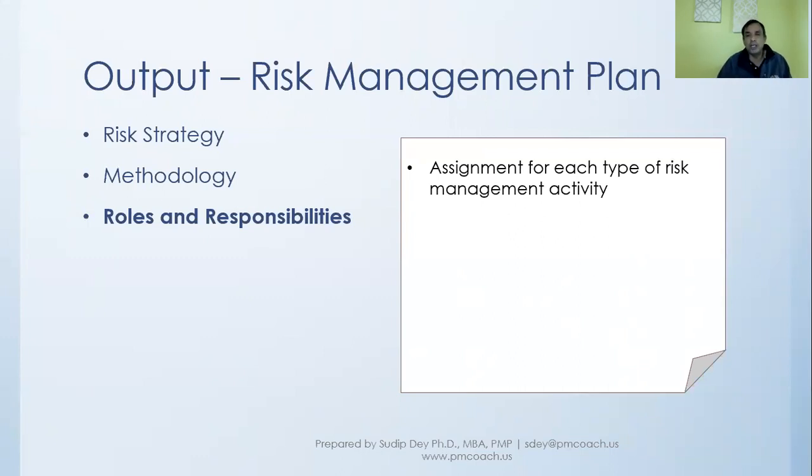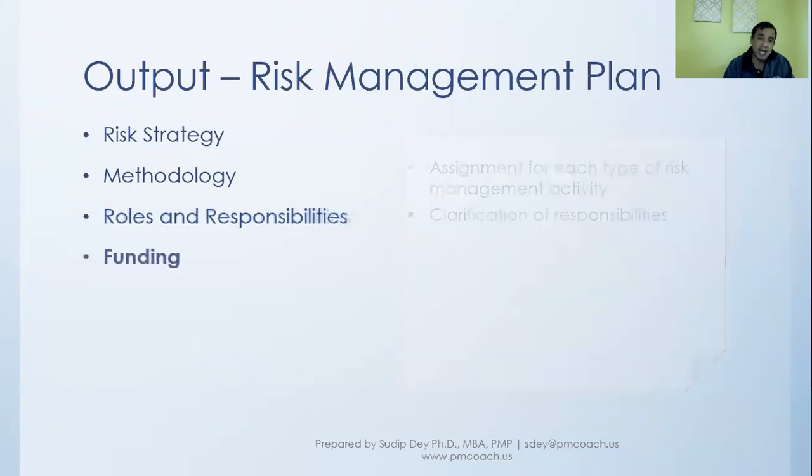So we can put a team for each particular type of risk management activity, along with one lead and so on. It all depends on how big and complex your project is. And of course, when you put those teams and members assigned to different types of risk management activity, we should also clarify the responsibilities they'll have. So this is what we'll put in the risk management plan.